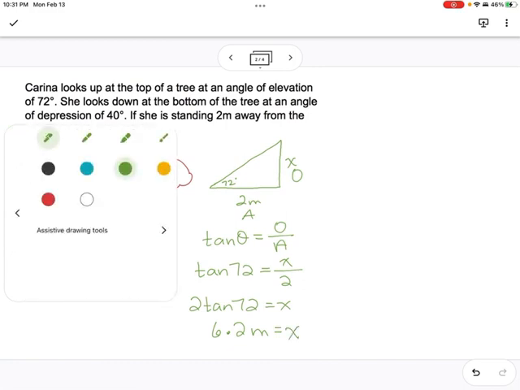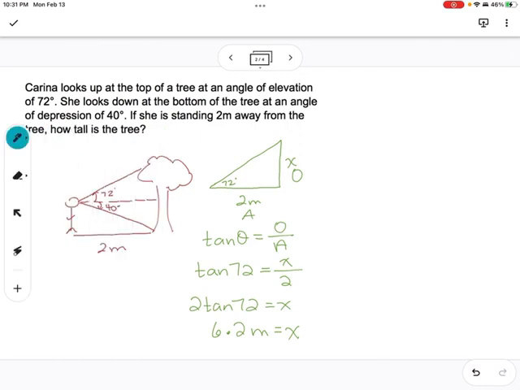And now looking at the other triangle, we have this one here to find the bottom piece of the tree, this length here. With this one, we were given an angle of depression, so we know this angle is 40 degrees. And again, we know from Karina to the tree is 2 meters, so this piece is also 2 meters.